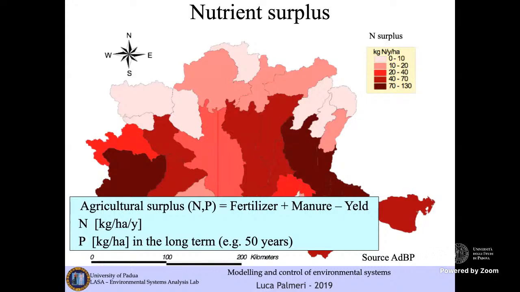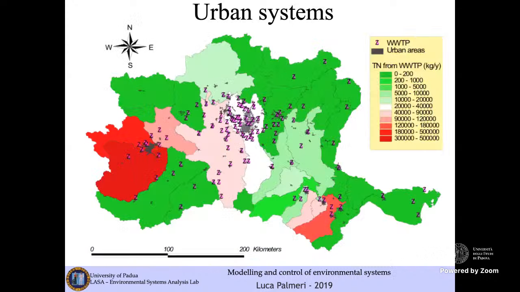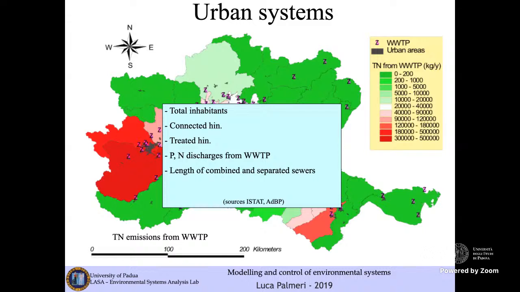Okay, then we turn to urban systems. Here again, we have a lot of information, but it is very approximate. We have to calculate the total inhabitants that are connected to sewage systems, the total inhabitants that are treated, the total phosphorus and nitrogen loads discharged by wastewater treatment plants, and the length of combined and separated sewers.